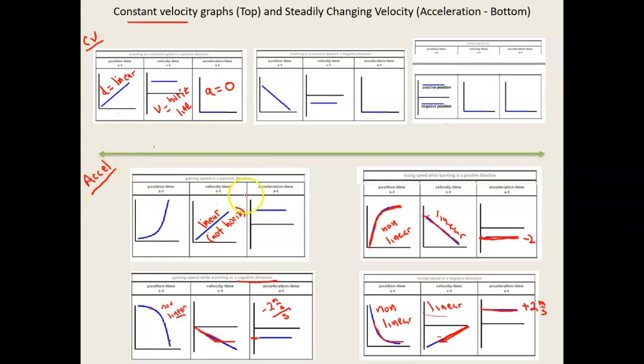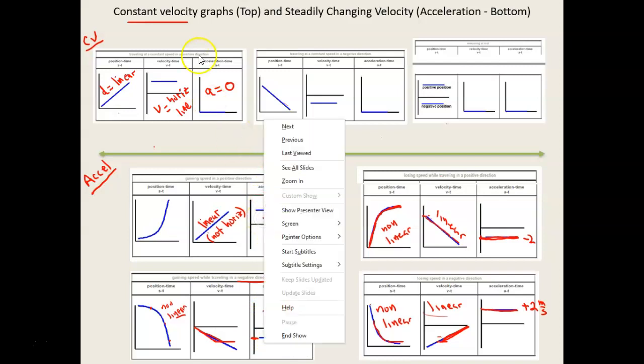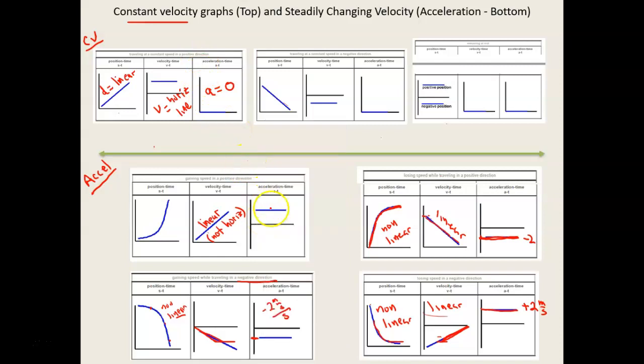If we're changing speed, we either have a consistent positive speed change or a consistent negative speed change. So what are we going to get for acceleration versus time? We're not going to get zero. We are going to get a horizontal line, but it's going to be non-zero. So what you'd look for here is a horizontal line, but not at zero.